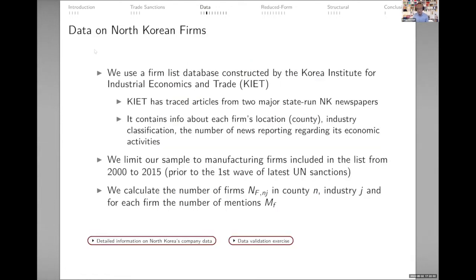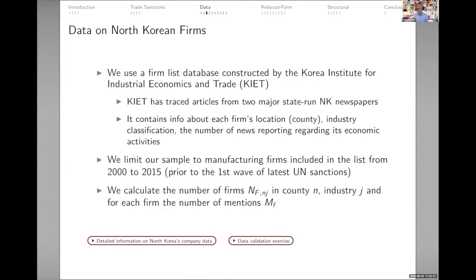One of the key data sets we use is this North Korean firm database. It's compiled by an agency called the Korea Institute for Industrial Economics and Trade. They traced articles from two major state-run North Korean newspaper companies starting in 2000, so by now they have more than 20 years of data. We're going to just use data from 2000 to 2015.